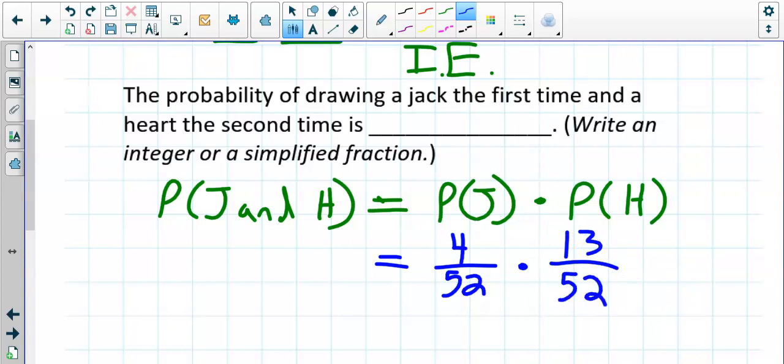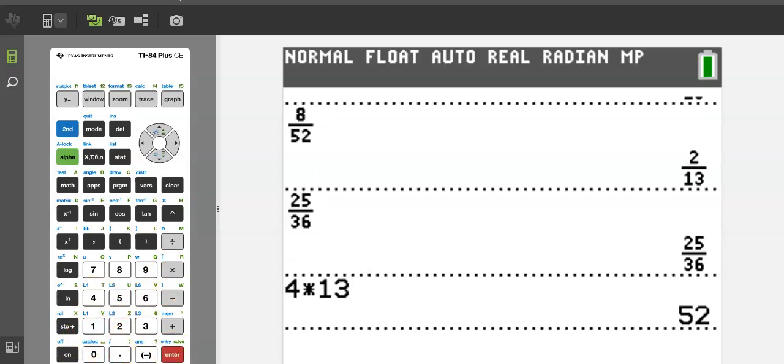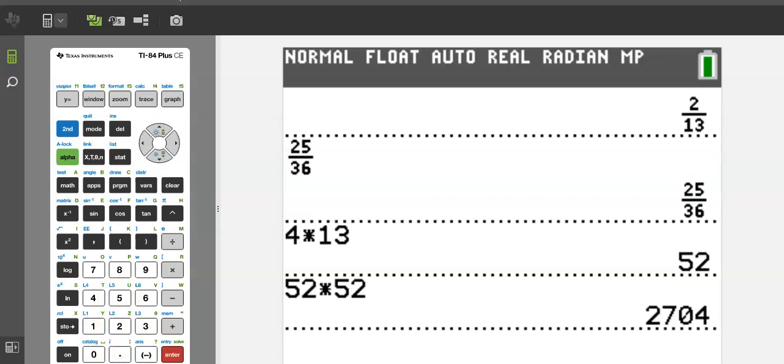And again, I just go straight to my calculator, do a little bit of multiplying, but I want to show you what the numbers are. So 4 times 13, because when you multiply fractions, you just go across the top. And 52 times 52. So the number 52 up here, this is the numerator. When you multiply it across, this would be the denominator.